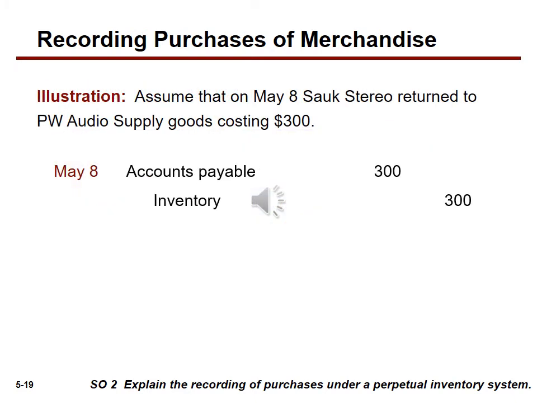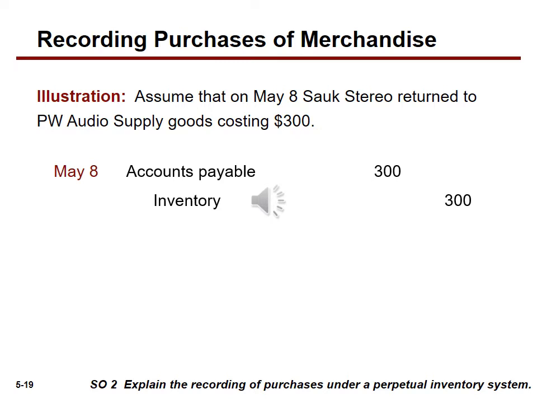We have seen before how we can record the inventory purchase transaction in our example with Souk Stereo. Now we're going to see how we can record the goods return or purchase return. So assume that on May 8th, Souk Stereo returned to PW Audio Supply goods costing $300. So this is, as you can see, pretty easy.